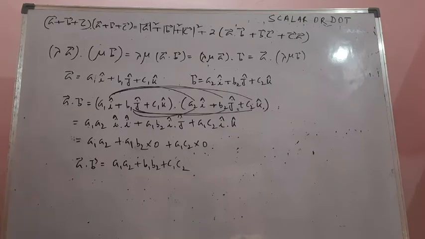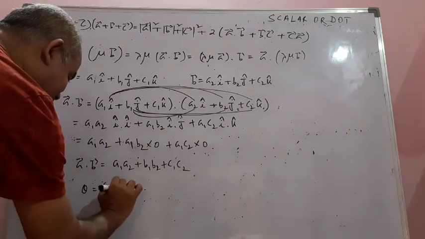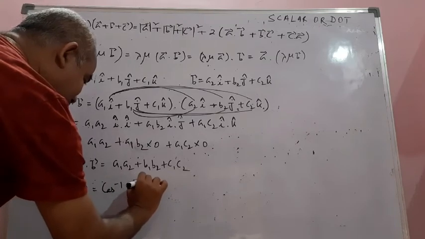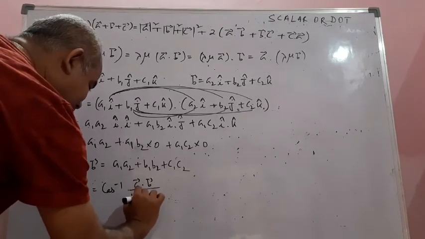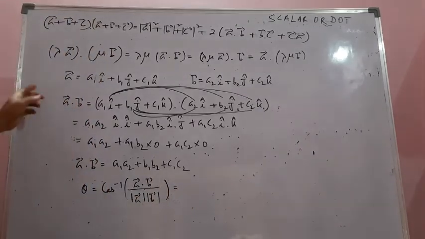Now, if you see the formula for finding theta, the angle between two vectors, then if two vectors are in component form, you can use this formula.